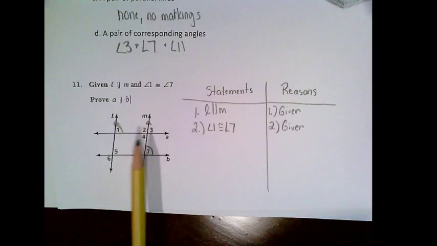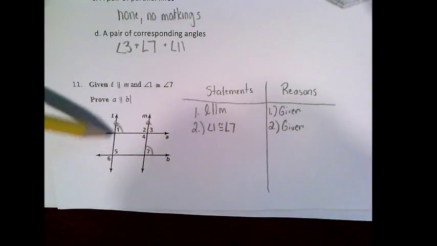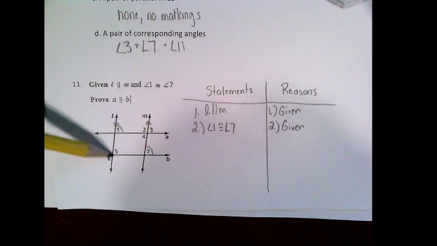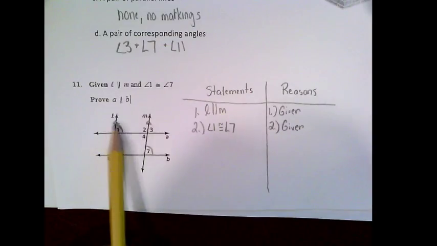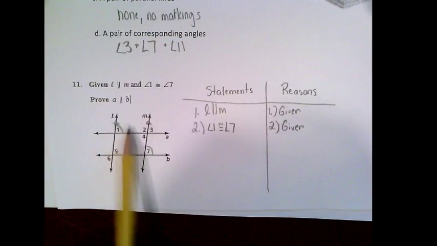Kayla, Bella, does that make sense? These lines I don't know if they're parallel yet, so I can't prove they're congruent. These lines I know are parallel, so I can prove they're congruent.